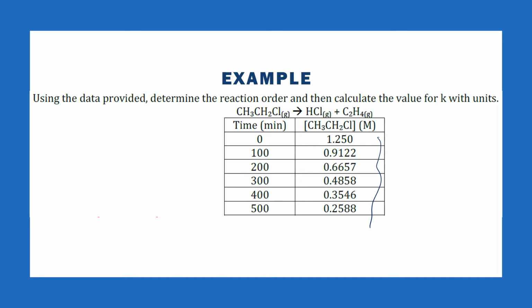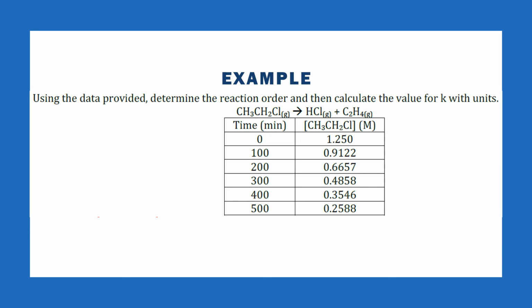Like if this was 0.625 here, that's half of 1.25, and then it breaks down even further into like 0.3125, but it doesn't follow that exact pattern, so I can't use half-life because they don't give us amounts cut in half.